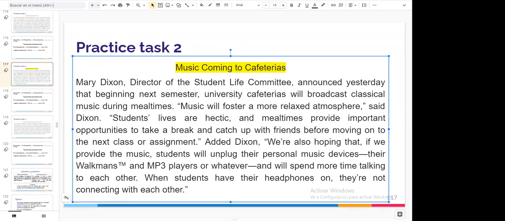Added Dixon, we are also hoping that if we provide the music, the students will unplug their personal music devices, their Walkmans, and MP3 players or whatever, and will spend more time talking to each other. When students have their headphones on, they are not connecting with each other.